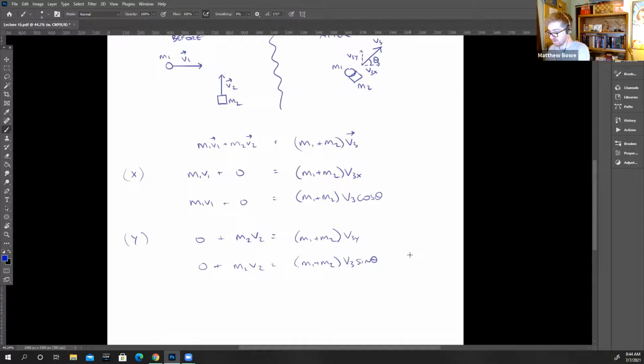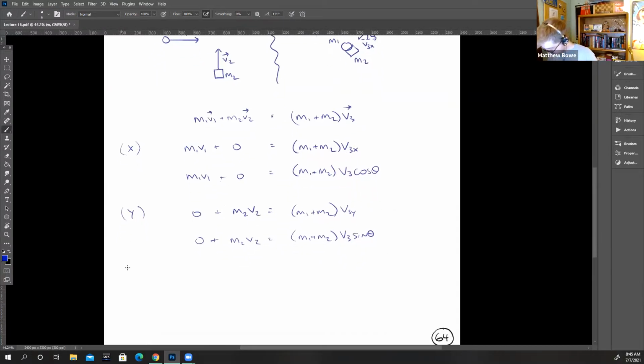So let's solve for one of these V3 values and then insert it into the other equation. So let's solve for this one right here. We'll say that's M1V1. I'm just rewriting this equation that we have right here.